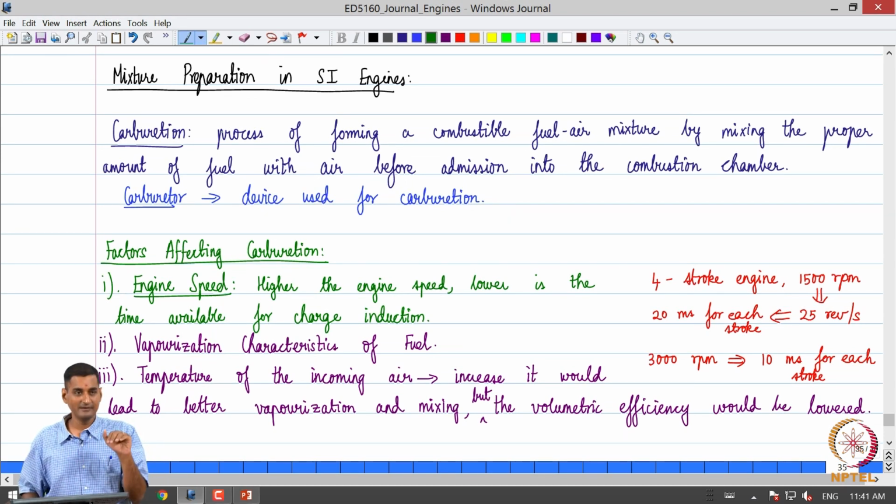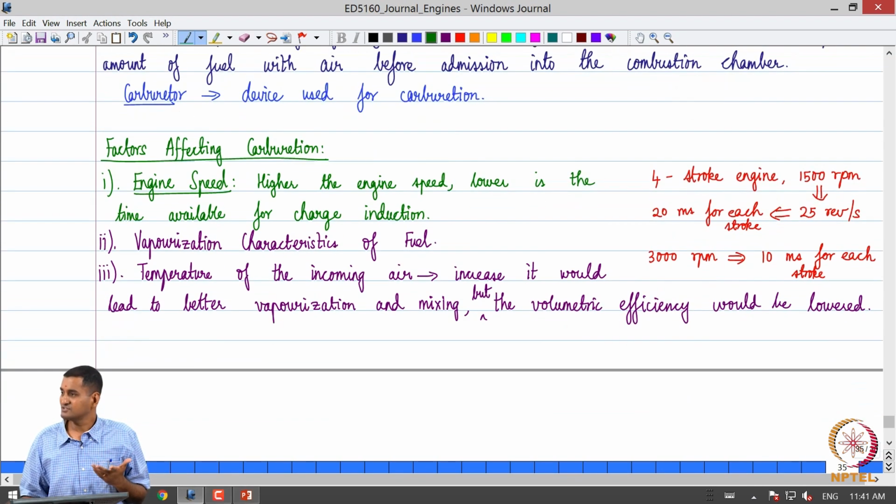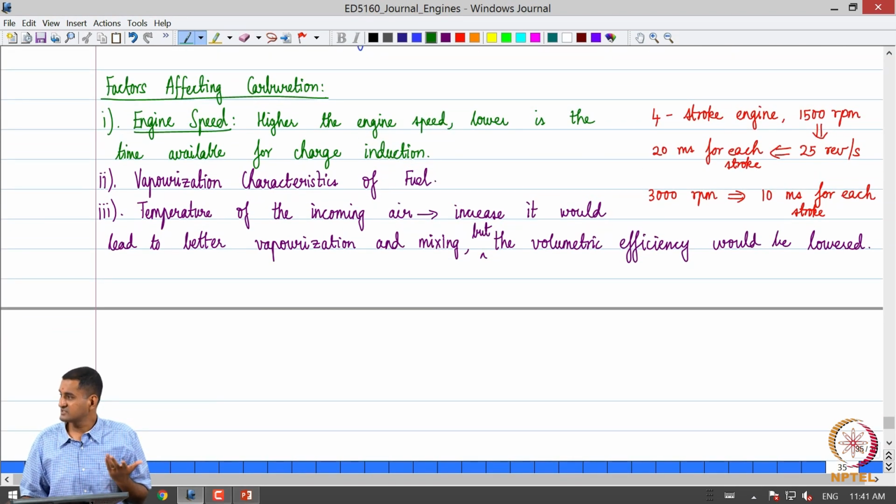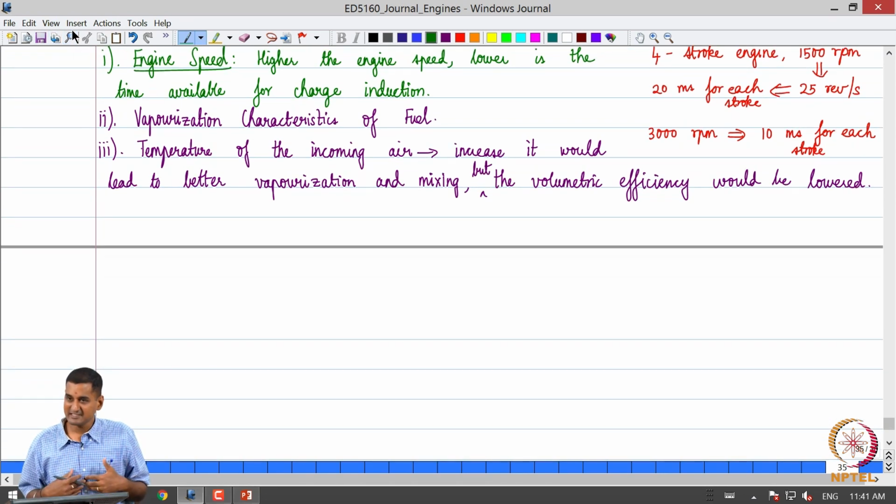Suppose while cruising I want to overtake another vehicle, what is the type of mixture that I would once again require? Those are important questions to ask. So that's where the type of mixture requirements come in. What do we expect the mixture to be, qualitatively, for various operating conditions?